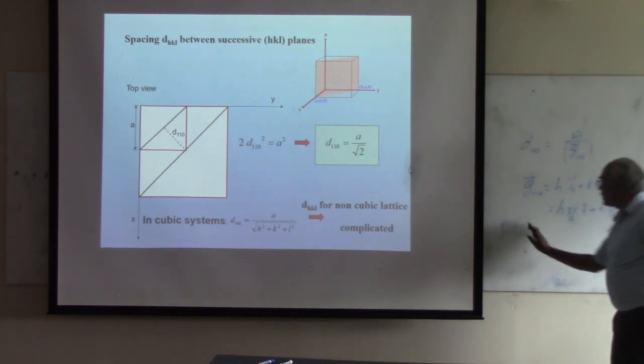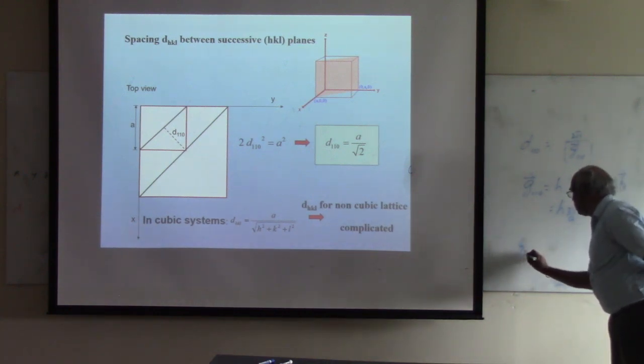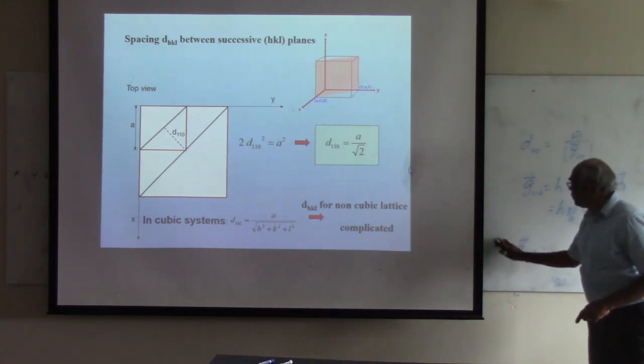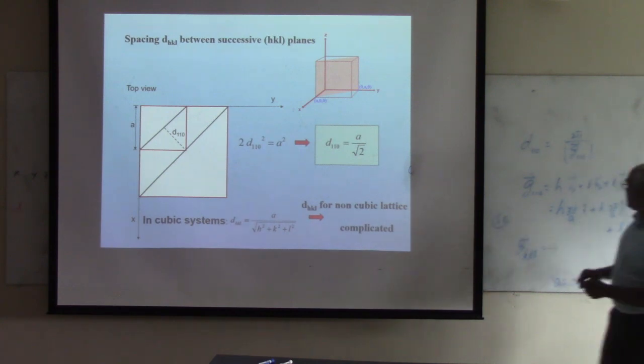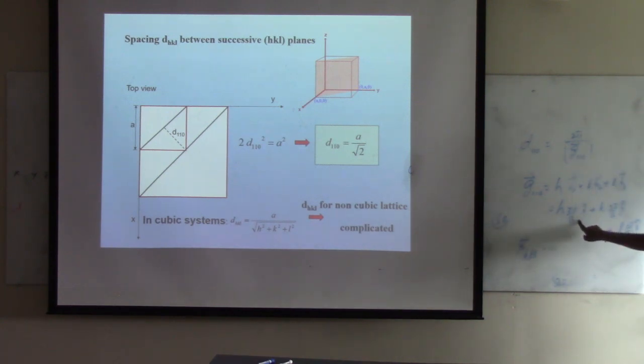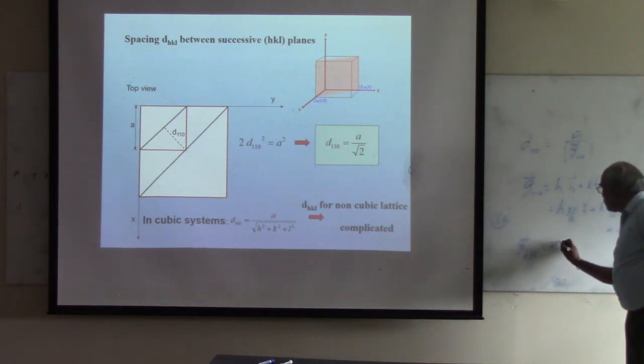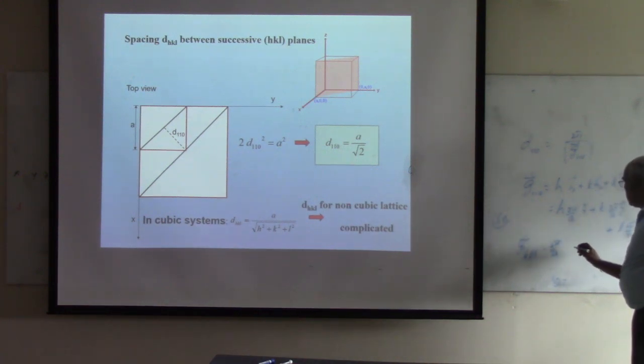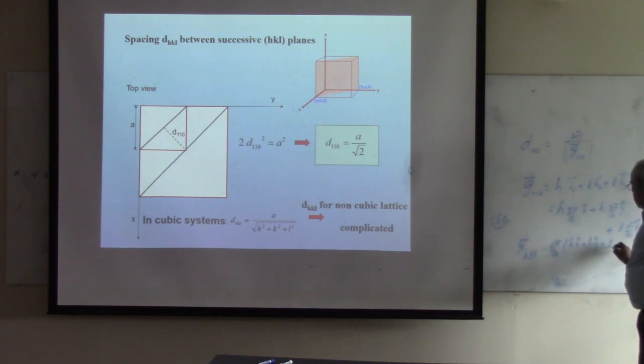So I can write my G vector, just any general vector HKL, but this is only for simple cubic, because it is different for a different lattice. I write it as 2 pi over A times (Hx plus Ky plus Lz).